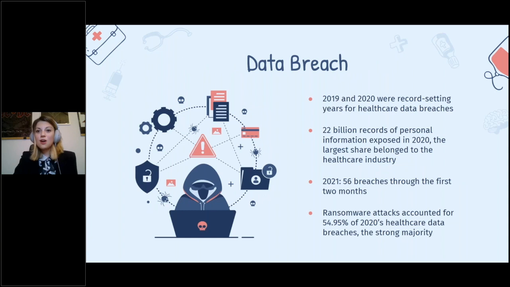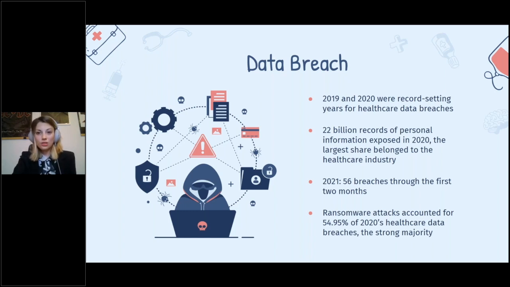And now I want to discuss data breaches, because there has been some terrible news in these last two years. 2019 was a record-setting year for healthcare data breaches, but it was topped by 237 incidents in 2020. 2021 is on pace to set a new record with 56 breaches through the first 2 months.